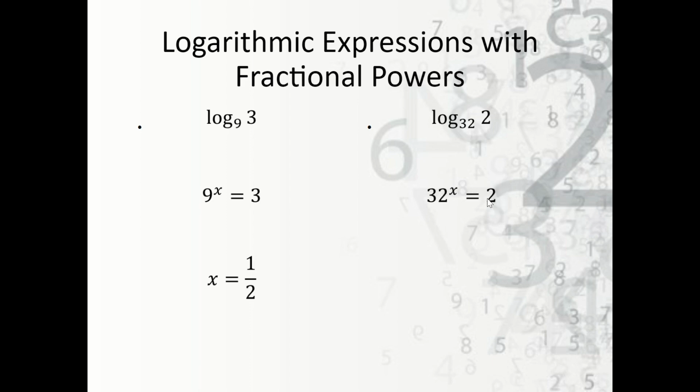Well, we can look at it this way: 2 to what power equals 32? 2 to the second is 4, and then 8, then 16, then 32. So that was 5 times. So we know that 2 to the fifth power is equal to 32, which means 32 to the 1/5 power equals 2. So x equals 1/5.